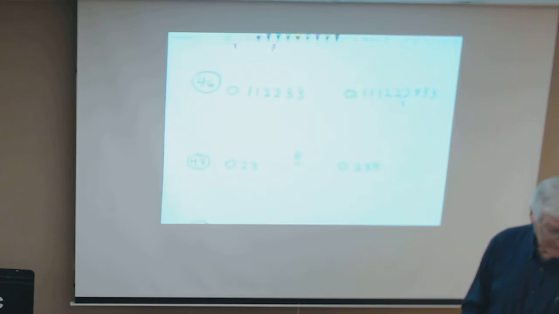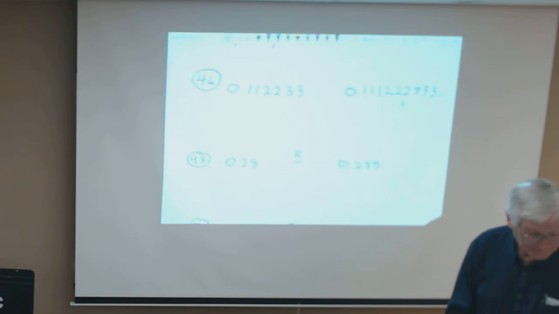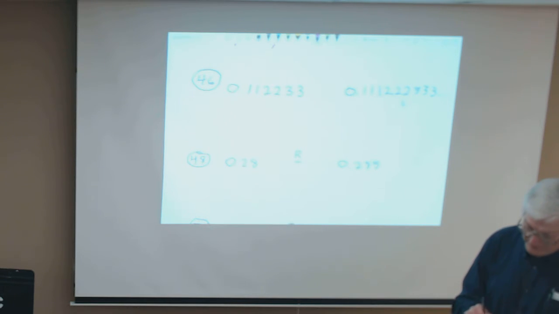Number 46. What are we doing here? Oh, we're still doing this. Number 46. 0.112. Here's 112. Here's 111. So what do I say? The first one is greater than, less than, or equal to? Greater than.